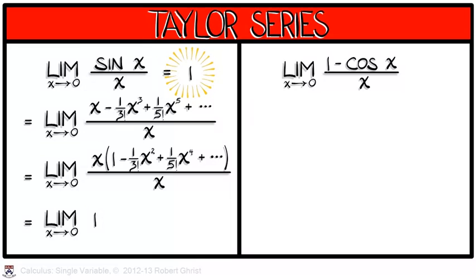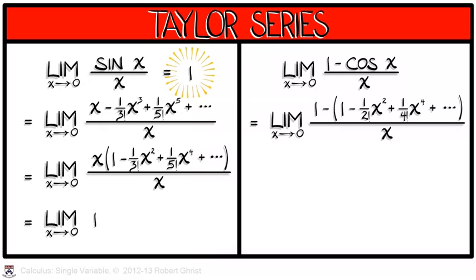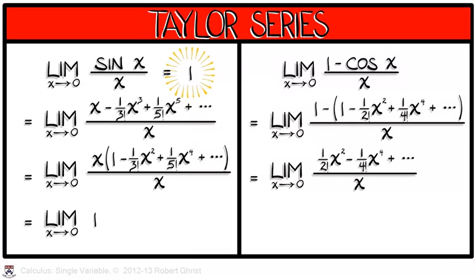Likewise, you might recall that the limit as x goes to 0 of 1 minus cosine of x over x is, what was that? Oh, well, I don't remember, but I do remember what cosine of x is. And I note that here the 1's cancel, and I'm left with the limit of x squared over 2 factorial minus x to the 4th over 4 factorial plus higher order terms.